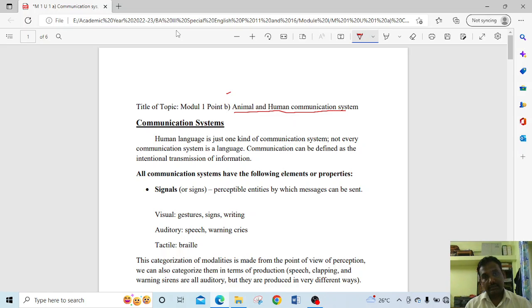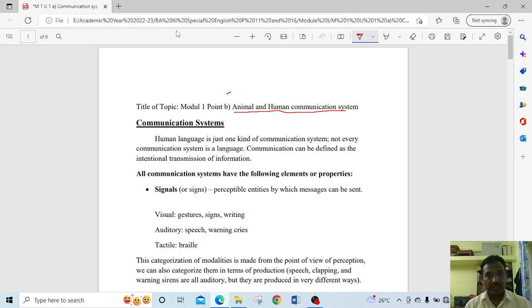In this B part of module first, we have to learn how animals communicate with each other, how the animal communication system works, and then how the human communication system, that is language, works.